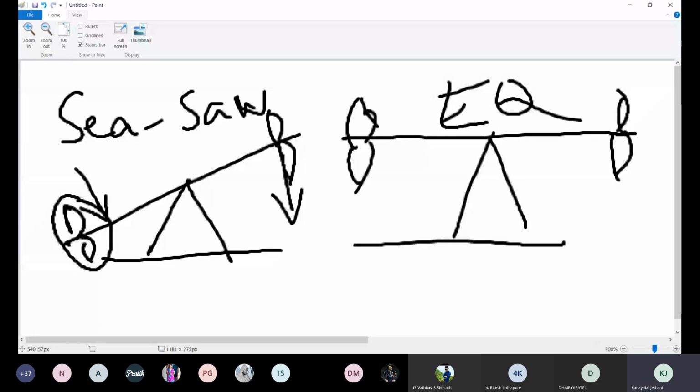So equilibrium is when there is net, as we saw earlier, I think somewhere you have seen, the net force acting on a system is zero, right? Here the net force acting on this seesaw, or this system, is zero. The pressure on this side, including weight, and the pressure on this side are the same. So it is in balance. Neither will this go up nor will this come down.